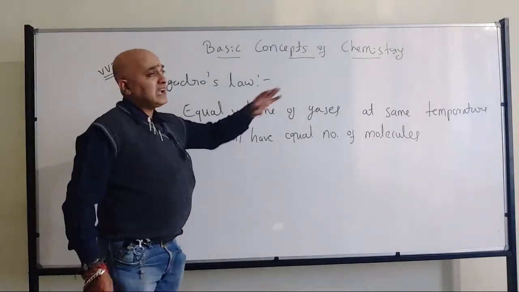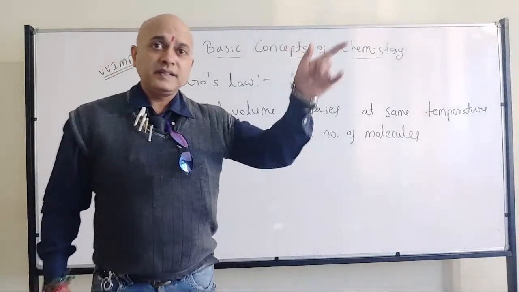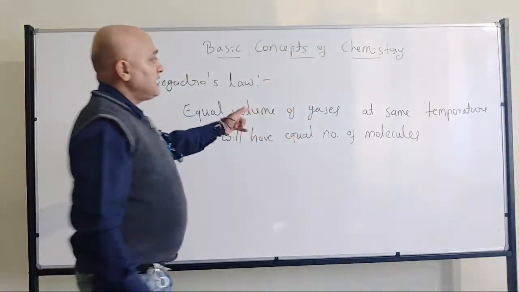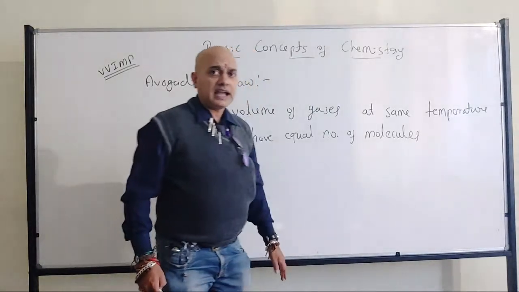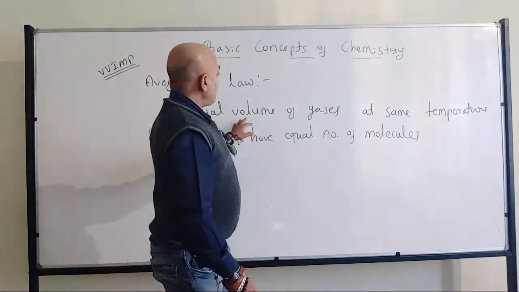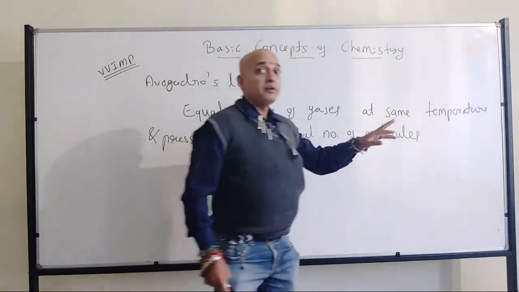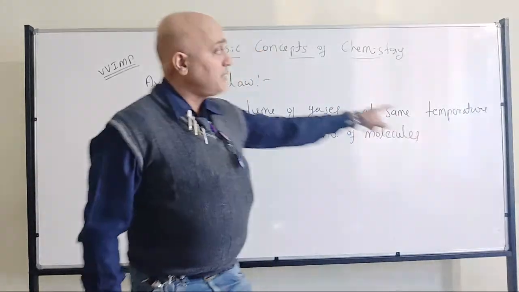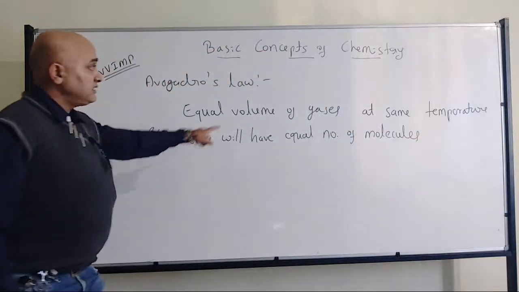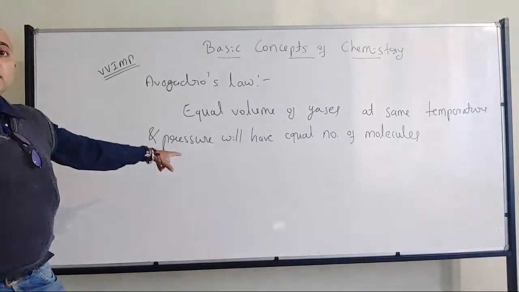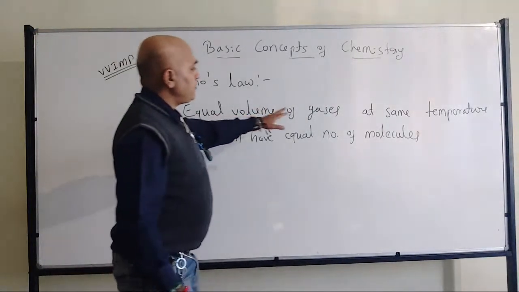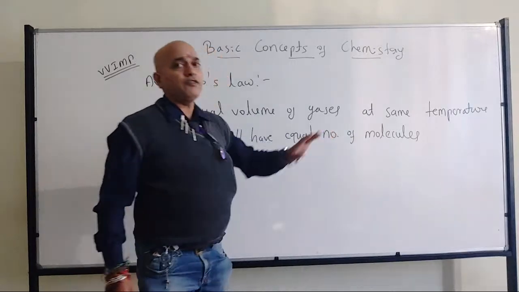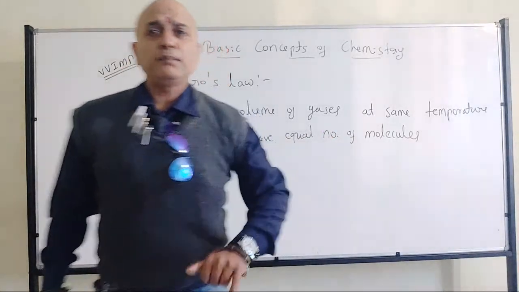Equal volume of gases, that means gases. I have used plural, that means I am talking about multiple gaseous molecules. So equal volume of gases, but all of them should be at same temperature and pressure. This you have to write. If you simply write equal volume of gases will have equal number of molecules, then it is not appropriate.